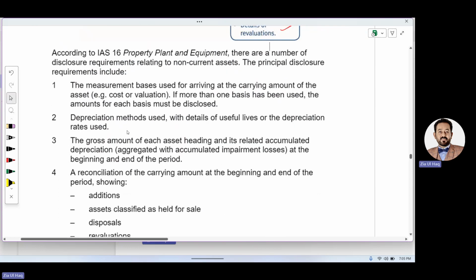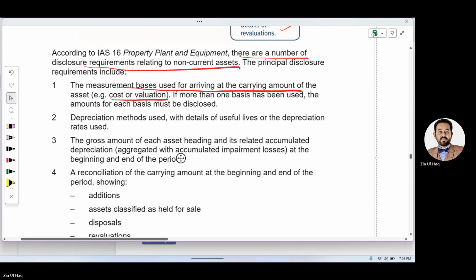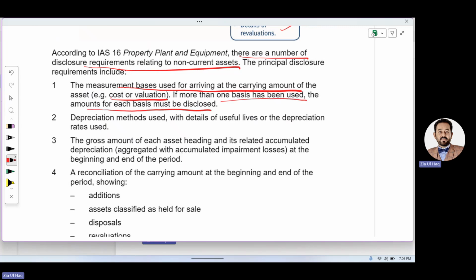IAS 16 property, plant and equipment has a number of disclosure requirements relating to non-current assets. The measurement basis used for arriving at the carrying amount of the asset, cost or revaluation basis, you have to disclose, whether you are recording the asset on cost basis or revaluation basis. If more than one basis has been used, the amount for each must be disclosed.